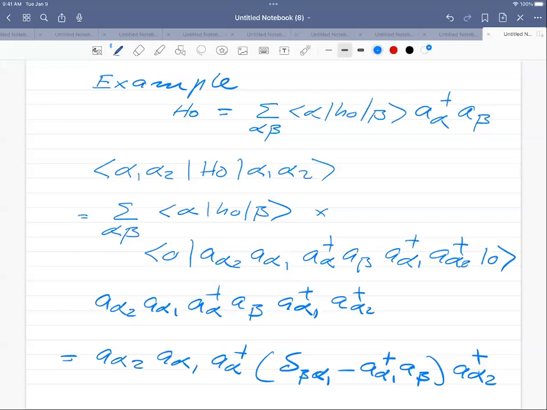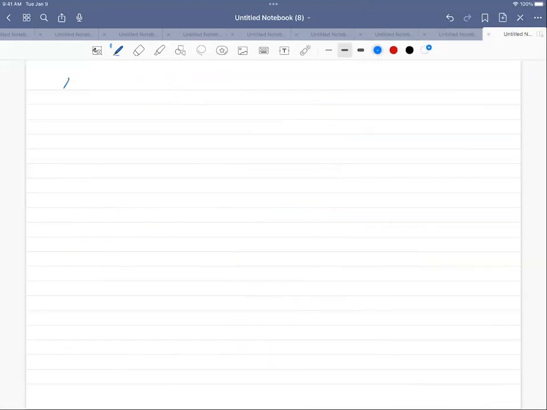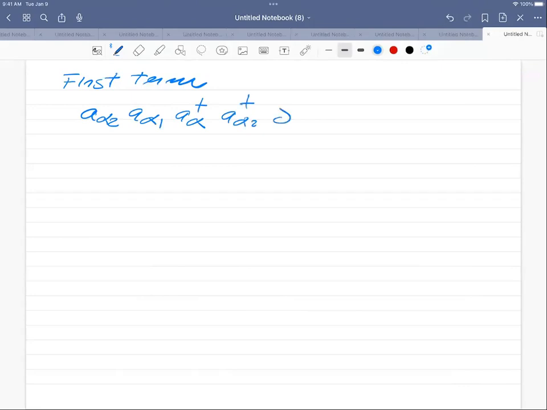Okay, so let me switch then. So just keep this expression in mind. And if we just look at the first term, it is going to give us the following. That will then be equal to a_α2, and then I have an a_α1, and then I have an a_α dagger, and then I have an a_α2, and this is a delta α1, β.